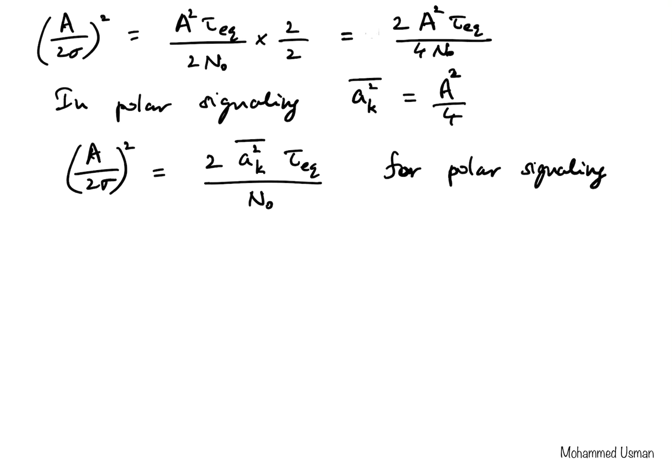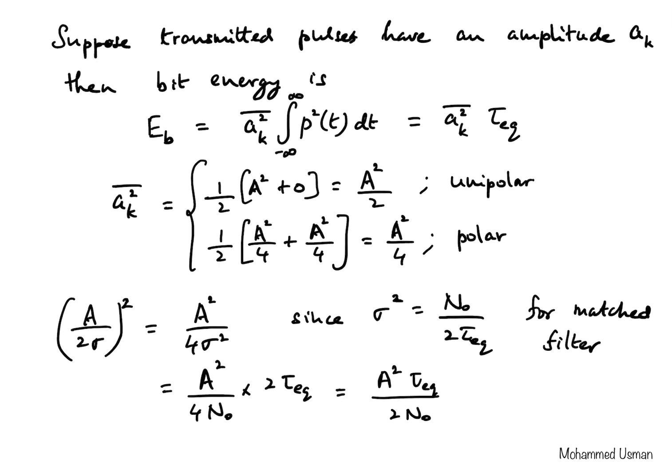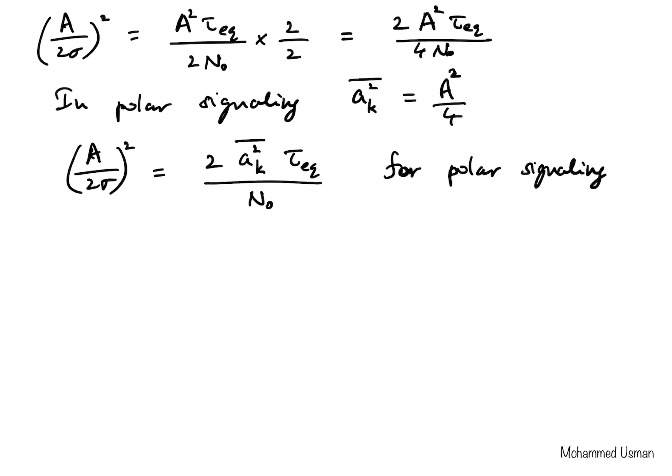Okay, now ak square bar tau equivalent is nothing but the bit energy that we have seen earlier. So for any arbitrary pulse shape, ak square bar into tau equivalent is the bit energy. So this term here, ak square bar tau equivalent, becomes the bit energy. So that will be 2 times Eb by n naught, for polar signaling.